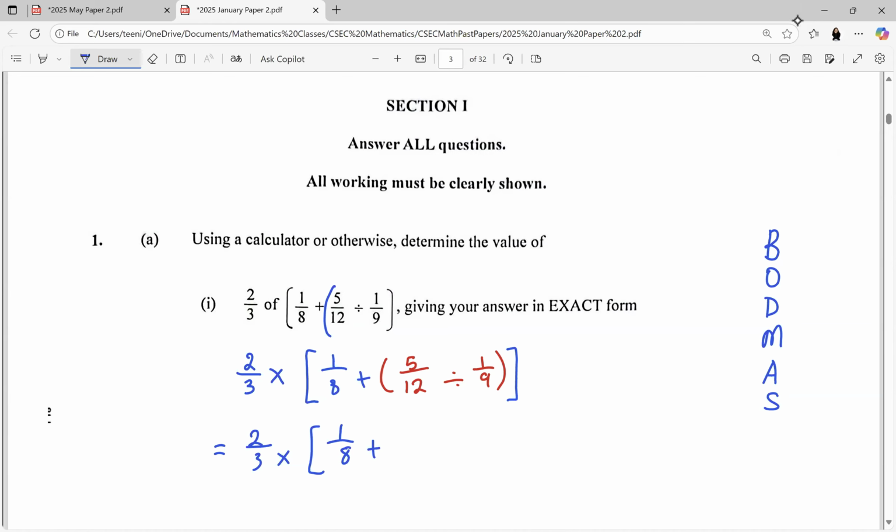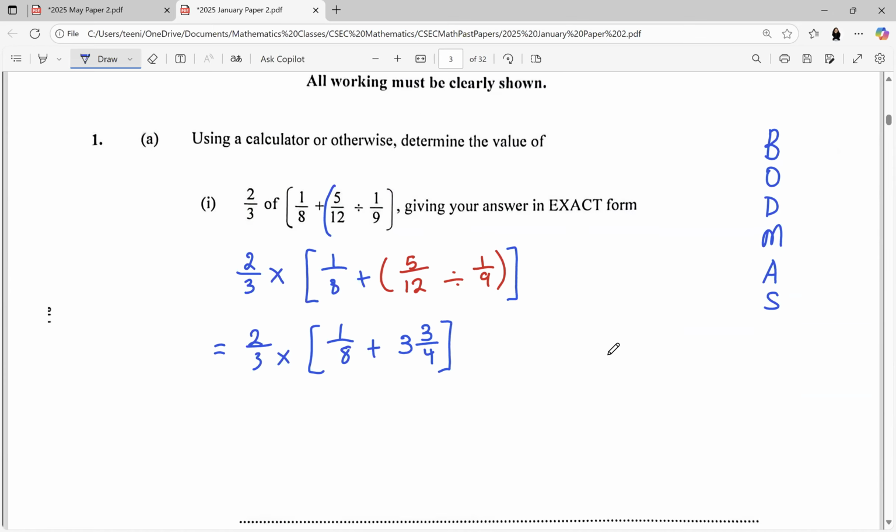Is it 3 3/4? Yes, please. All right. So now we can add that to the 1/8. So Joshua, do the 1/8 plus 3 3/4 and tell me what it is, please.